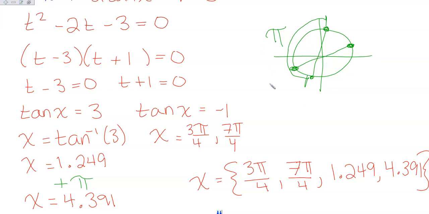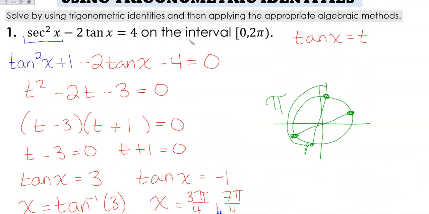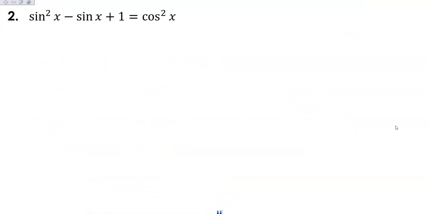So if you have something matching in another quadrant, you need to figure out what that is. All right? And guys, please do keep in mind that we do only have 4 answer choices because if we look back up here, our interval is between 0 and 2 pi. All right? So let's go ahead and look at another example.